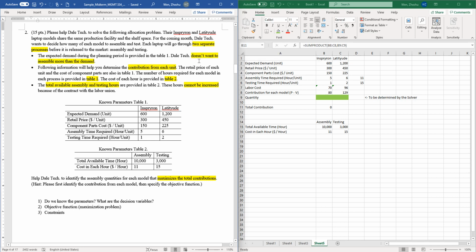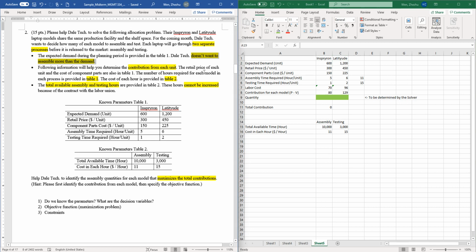So there is a limit in terms of how far you can go, right? So you don't want to make more than 600 for Inspiron. You don't want to make more than 1200 for the latitude. So that's the demand side of constraints.